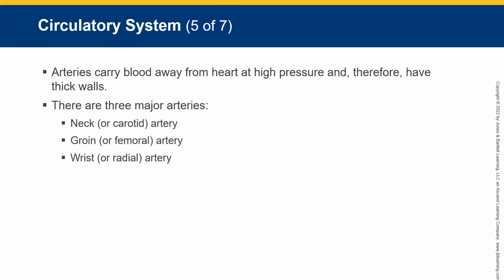If you want to remember arteries as always away, arteries are always away, and they are under high pressure. Therefore, they have thick, meaty walls to them, okay? And there are three main places that we check for a pulse. They're the neck, which is the carotid, the groin, which is the femoral.